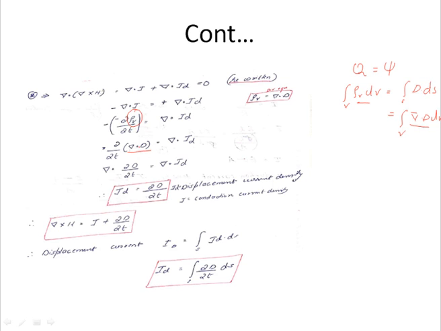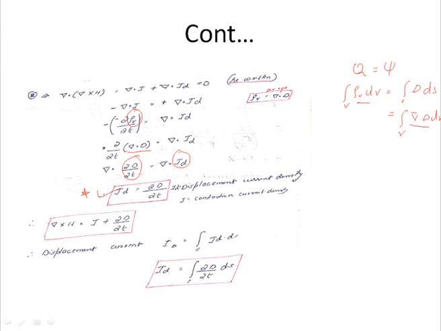So what can you write? By dou T, put it inside. So this dou D by dou T you'll get is equal to what? JD. So JD is equal to dou D by dou T. This is the displacement current density. JD is equal to dou D by dou T. D is known as electric flux density.